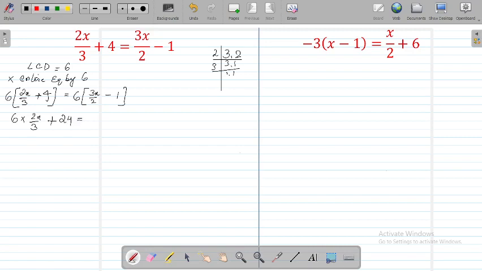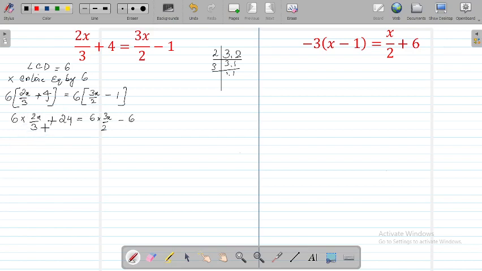Then the equal sign, and 6 multiplied by this ratio 3x upon 2 minus 6 ones are 6. So we have multiplied this entire equation by 6.